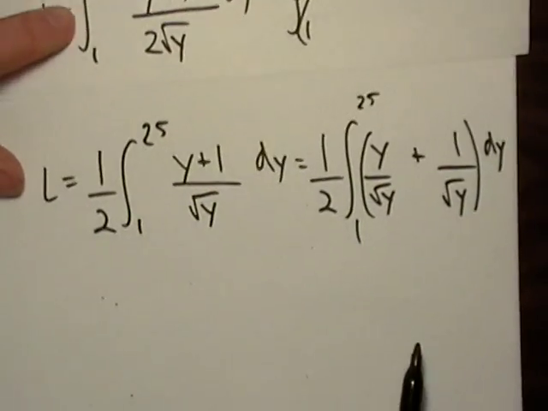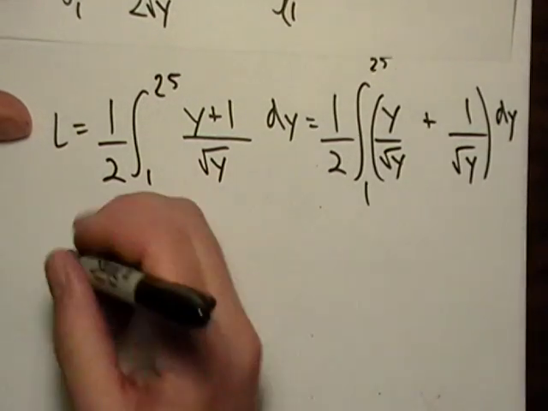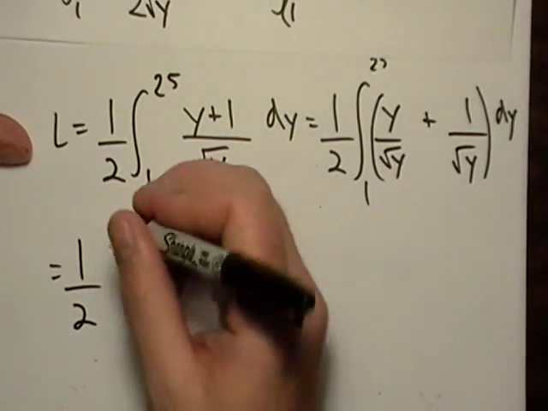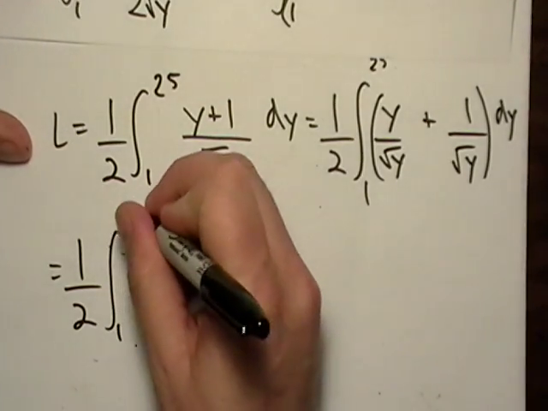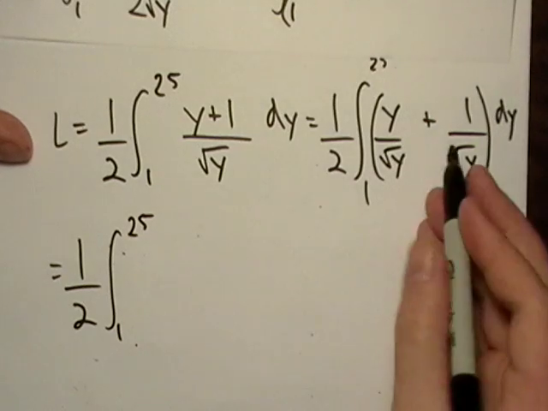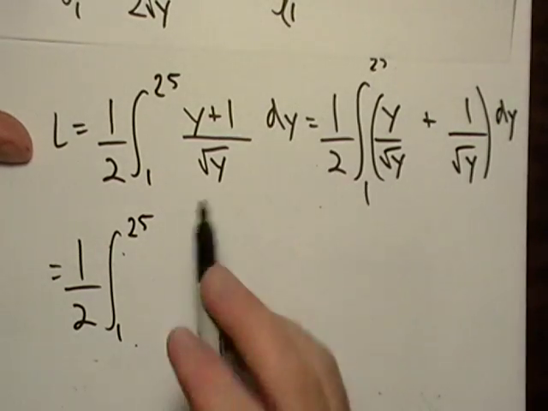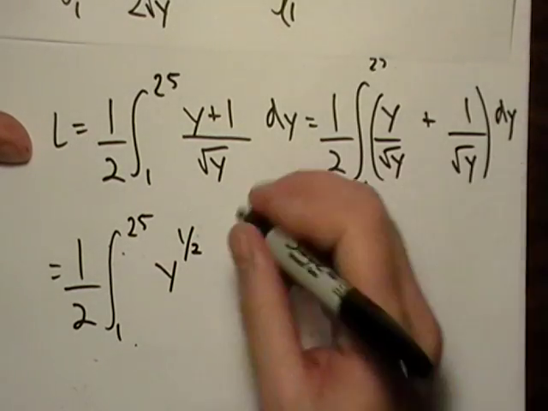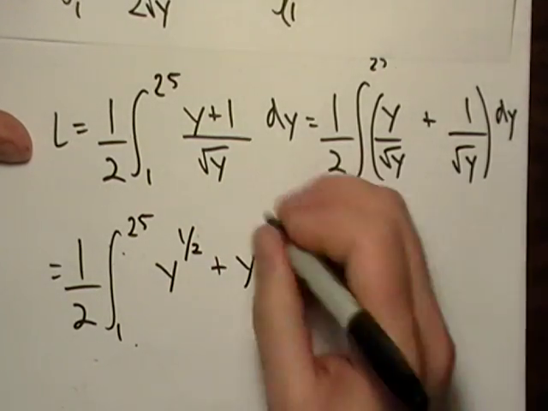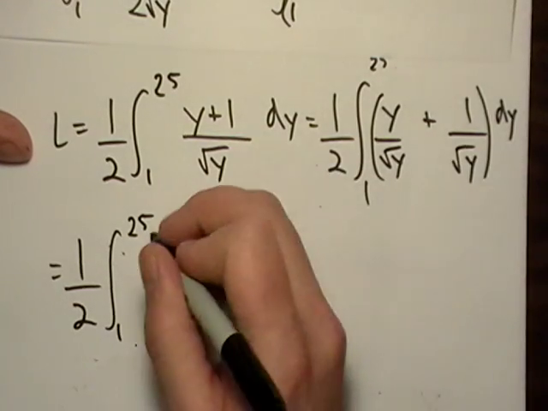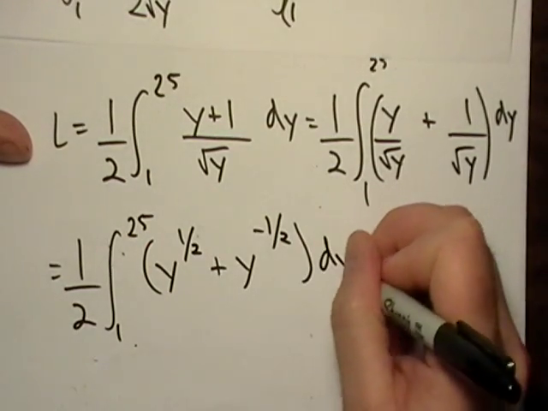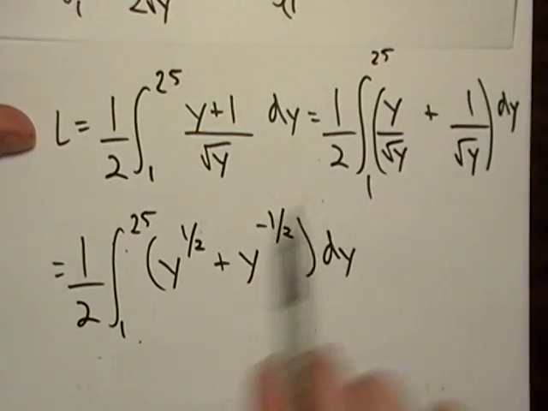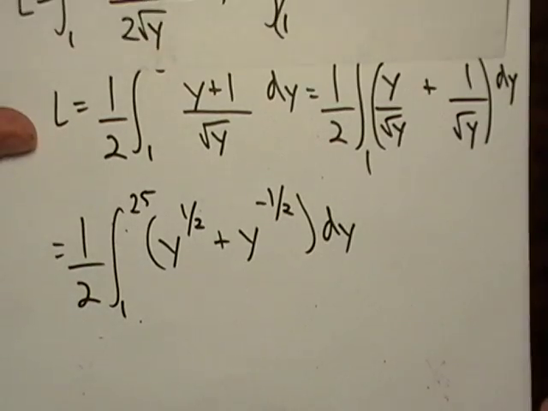Okay, I got that, and we're going to do some more simplification. Wow, this one's taking a long time. Hope you guys aren't getting bored. Now we'll simplify this. This is just y to the 1/2 plus y to the negative 1/2. I'm just doing algebra right here, simplifying this down and getting that term by term form that I like.